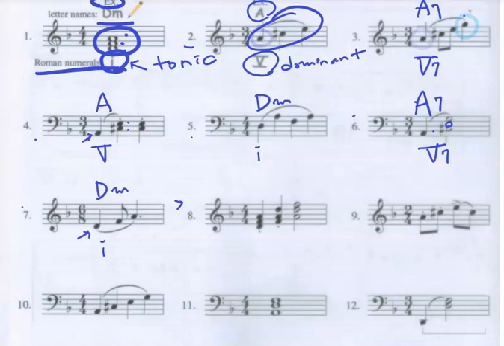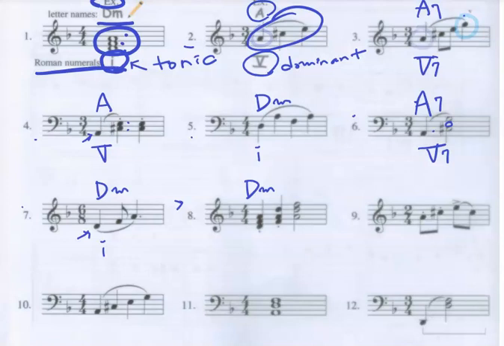Let's move to number 8. These are all chords. The first chord is, it looks very familiar, right? This is D. Okay, so this is obviously D minor chord. Did you notice it's an inversion of D minor chord?